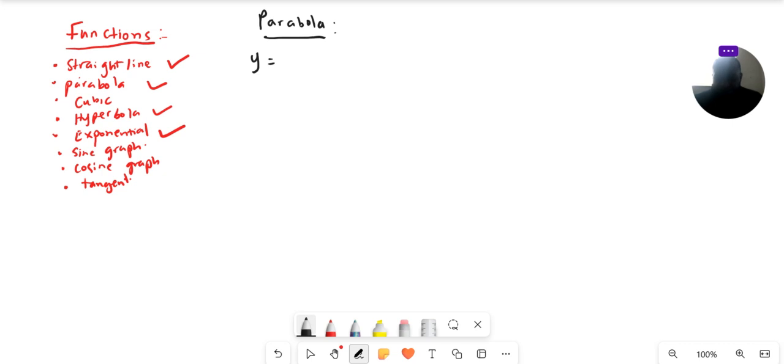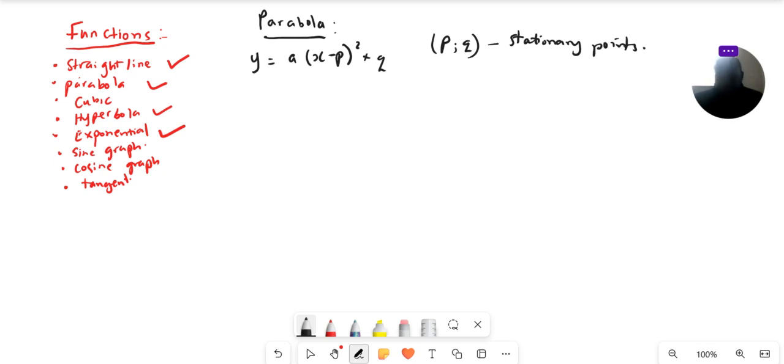The equation of a parabola is y is equal to a into (x minus p) squared, plus q. But what do you need to know about this? We need to know that the p and the q, these are stationary points.